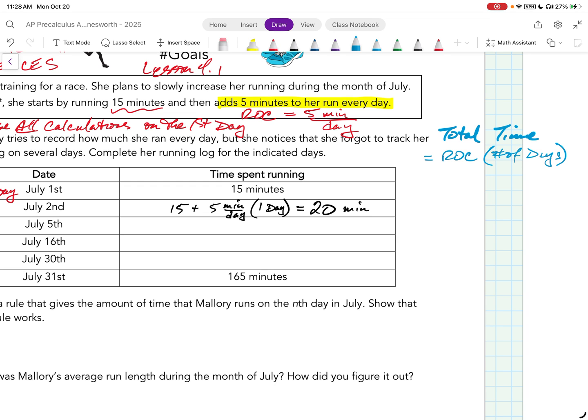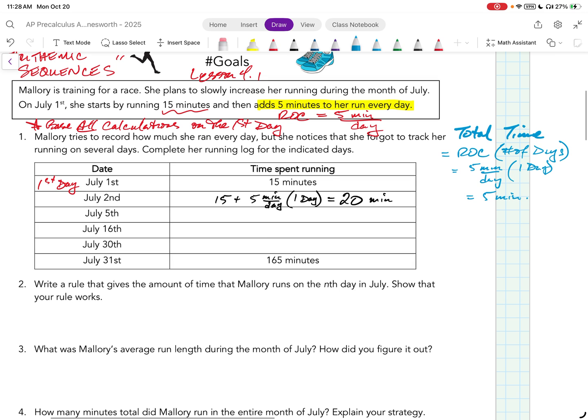In this case, we have 5 minutes per day times the number of days, 1 day. Notice that the units cancel out nicely, and we get a total of 5 minutes added. I know the numbers are completely simple, but that's the key idea.